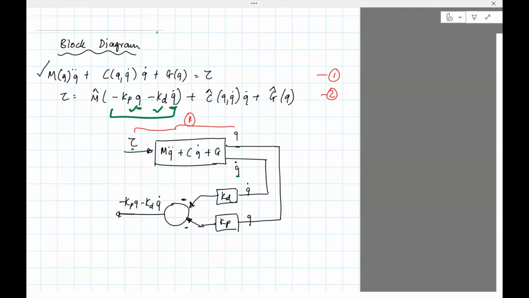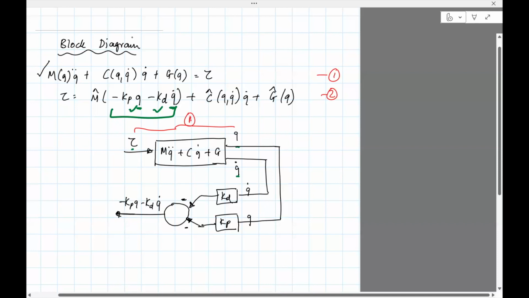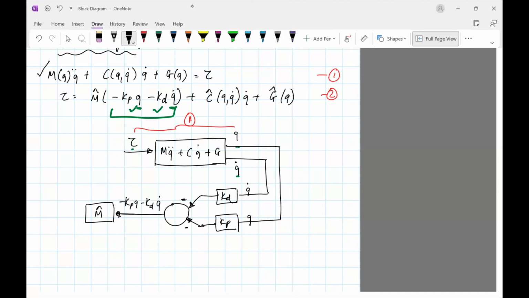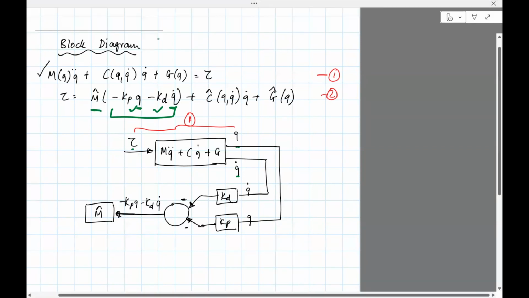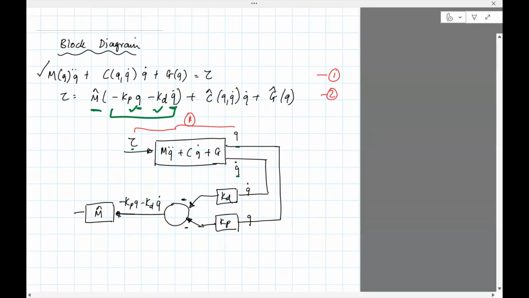Now this gets multiplied with m. So I need to show the m. All the constants, the parameters such as kp, kd, will show up in a square box. So similarly, I have m hat. So this takes care of this. What comes out of this block is going to be this entire sum, the first term.